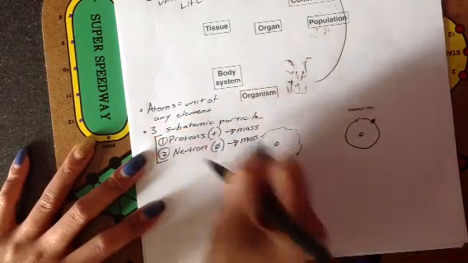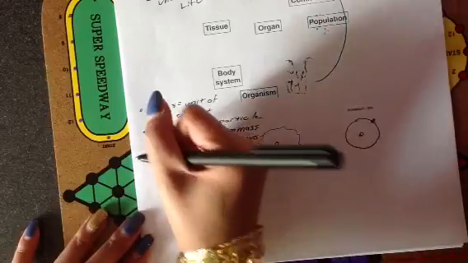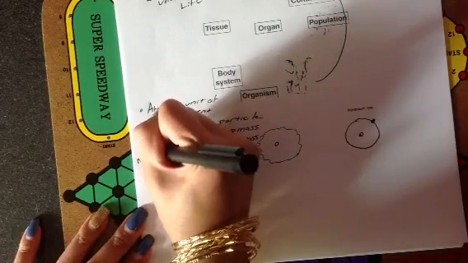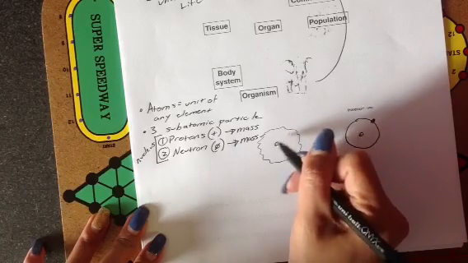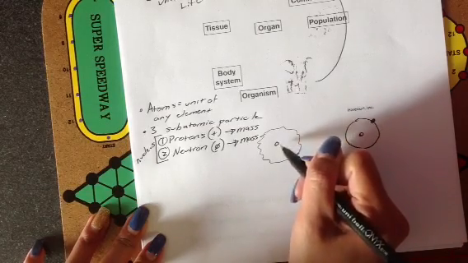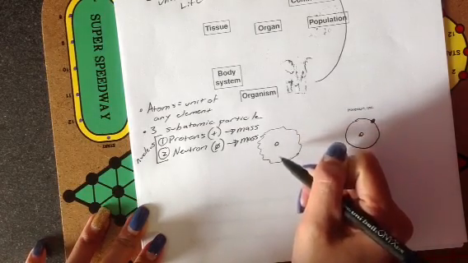These 2 particles, the protons and the neutrons, are found within the nucleus of the atom. So here, within the center portion here, that's where you would see the protons and the neutrons.